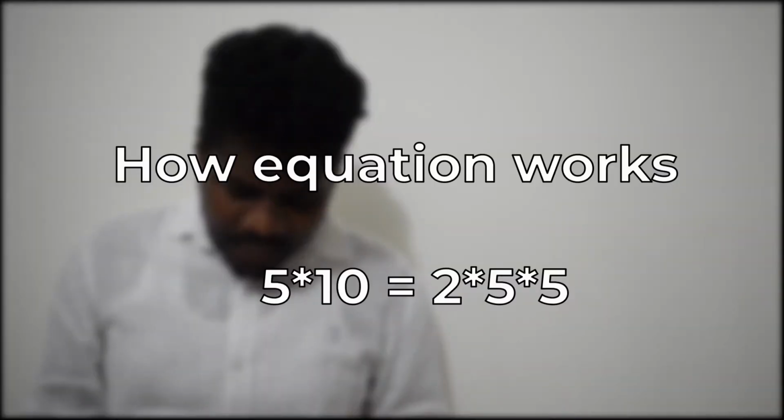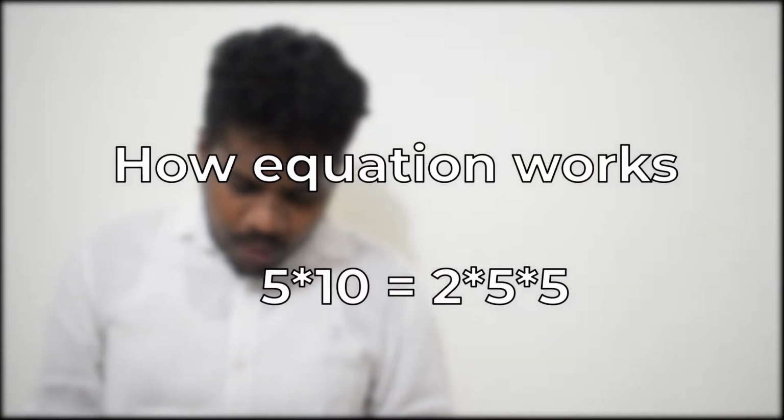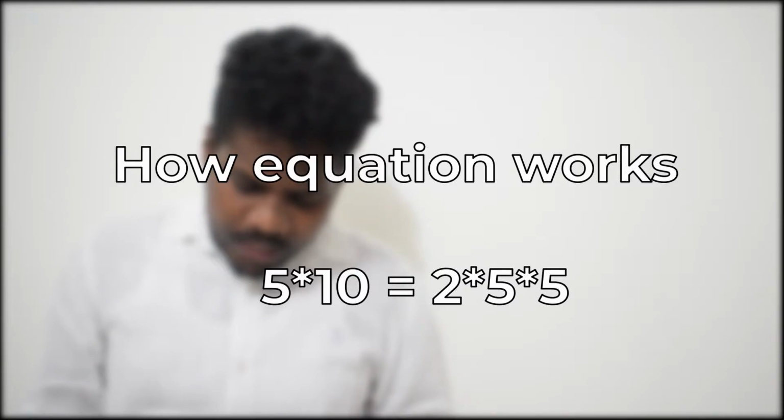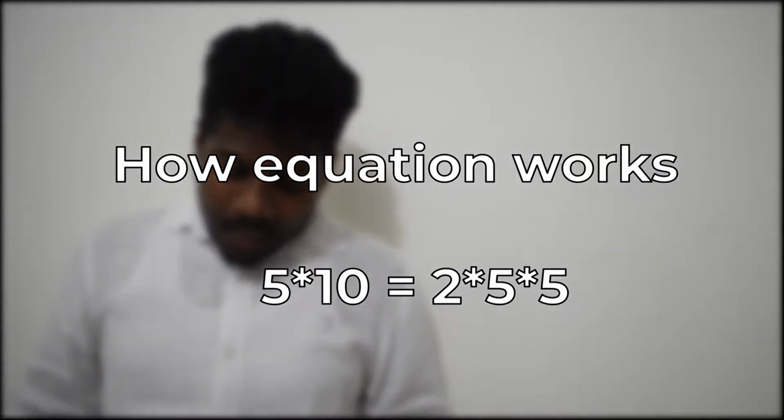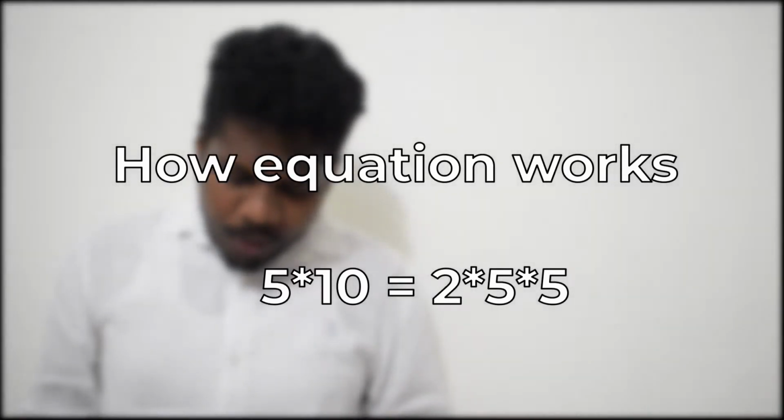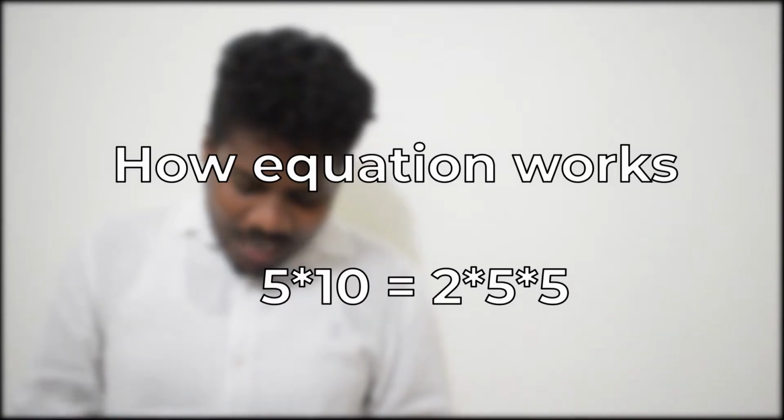Now let's take a very simple numerical equation. Something like 5 into 10 is equal to 2 into 5 into 5. Am I right? Now imagine I am going to do something very simple. On the LHS there are two numbers.